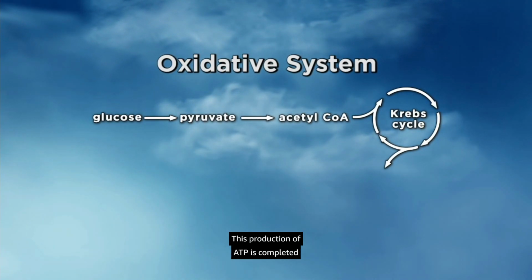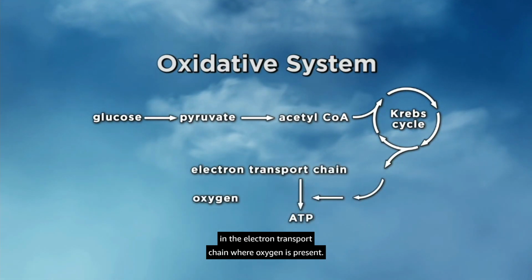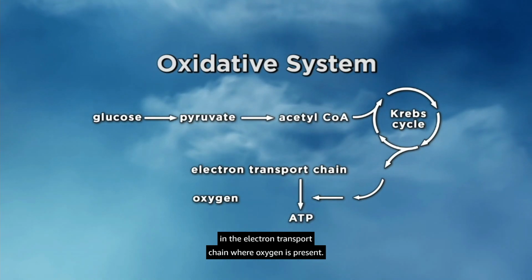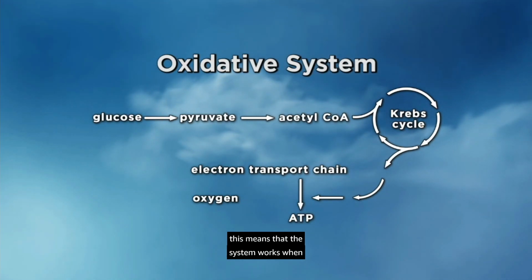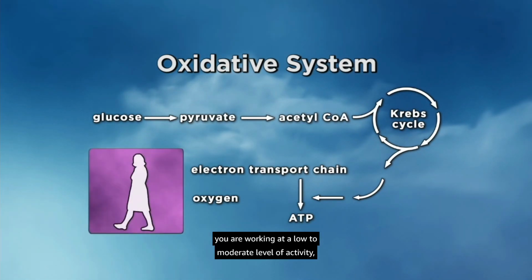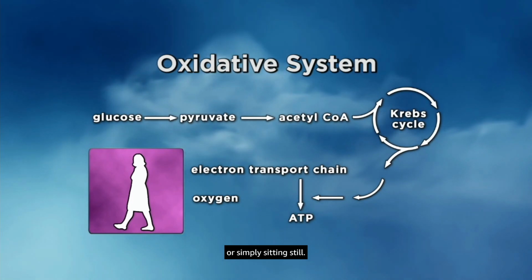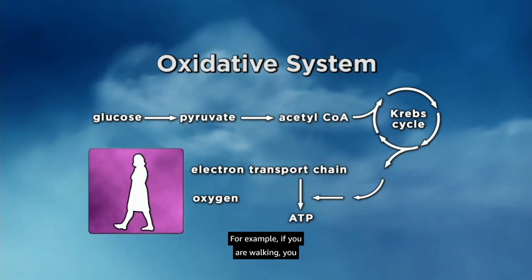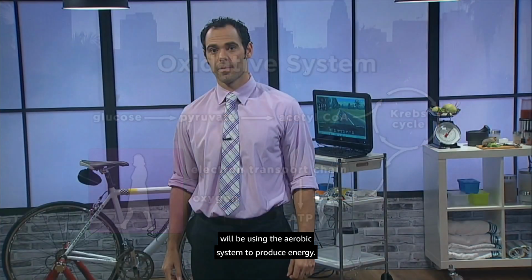This production of ATP is completed in the electron transport chain where oxygen is present. So because oxygen must be present, this means that the system works when you are working at a low to moderate level of activity, or simply sitting still. For example, if you are walking, you'll be using the aerobic system to produce energy.